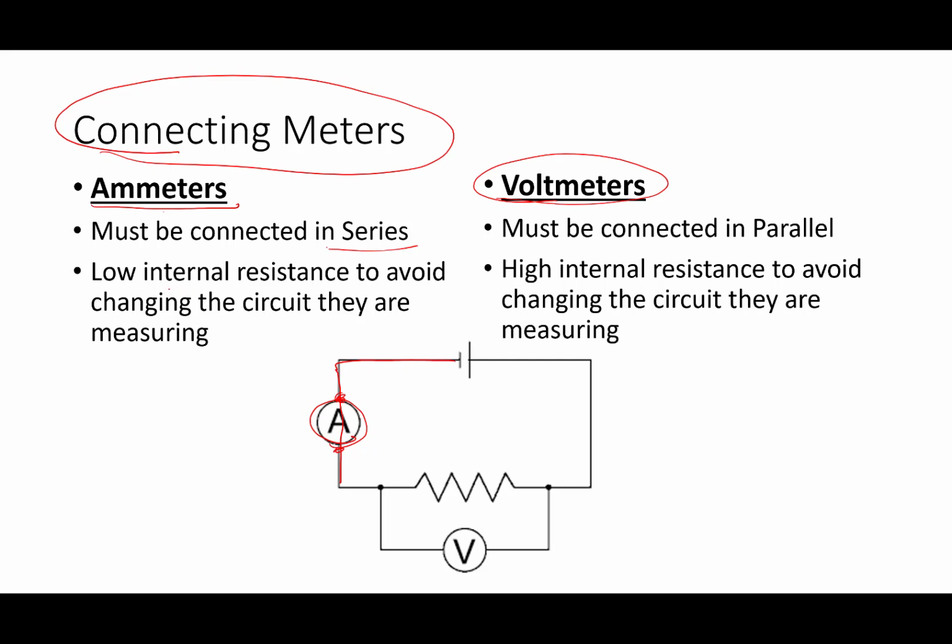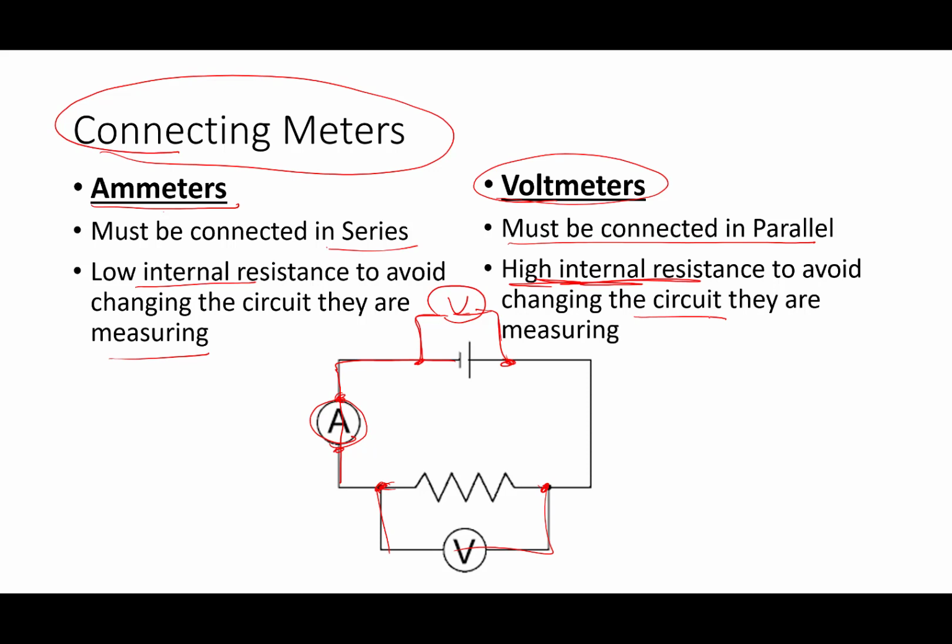Ammeters usually have very low internal resistance because they don't want to mess with the current that they are measuring. Voltmeters can be placed across whatever they're measuring. You just take a voltmeter and put the probes on either side of a resistor to measure the voltage drop. Take a voltmeter, put the probes on either side of your power source to measure the voltage drop. Voltmeters have a very, very high internal resistance to avoid changing the circuit.